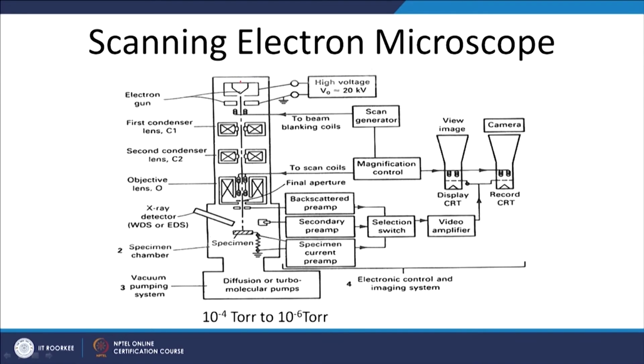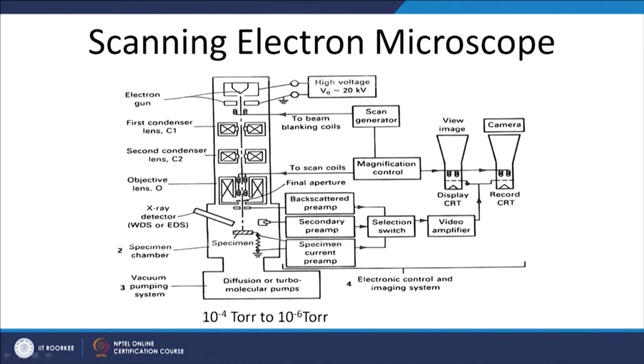Now, in an optical microscope we use a lens to collimate the beam. In an electron microscope we cannot use a lens to collimate the beam. Here we use an electromagnetic coil, and this electromagnetic coil serves as a lens and actually collimates the beam. The first condenser lens C1 helps to collimate the beam, and the second condenser lens C2 further helps to collimate the beam, and finally the collimated beam falls on an objective lens O, which is situated here and which is also connected to a scanning coil.